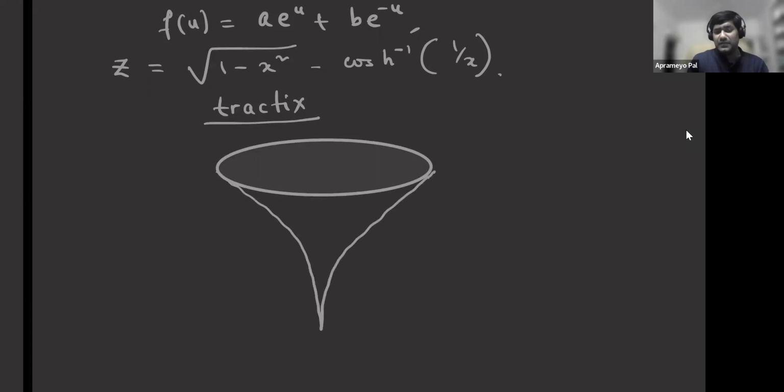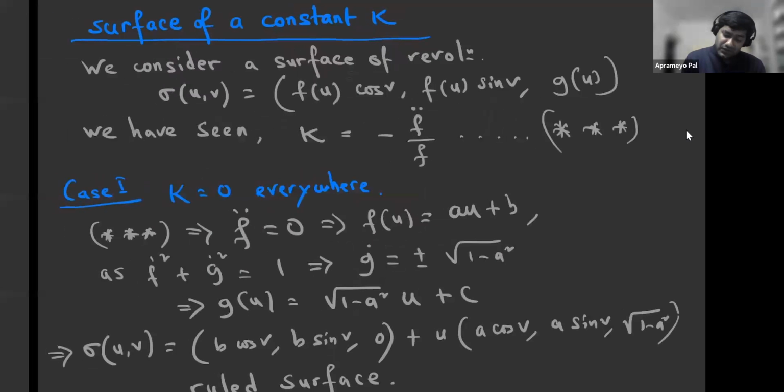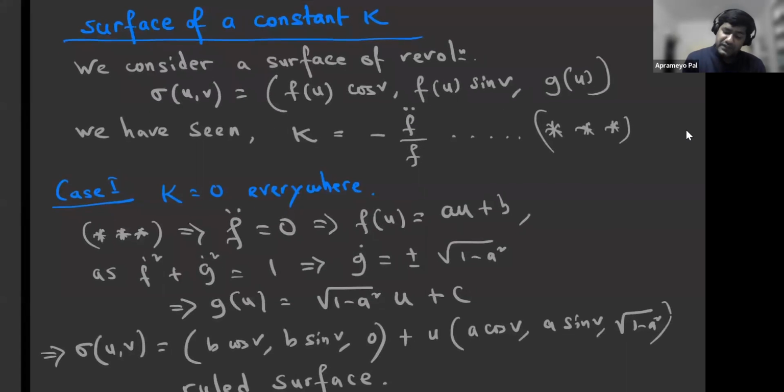So this is an example of a surface where the Gaussian curvature is negative everywhere. Okay, so this completes the classification of surfaces of constant K, where we took a particular surface of revolution. It's a particular example.